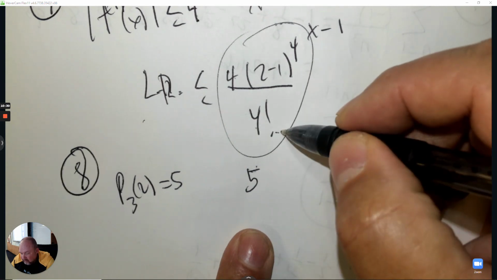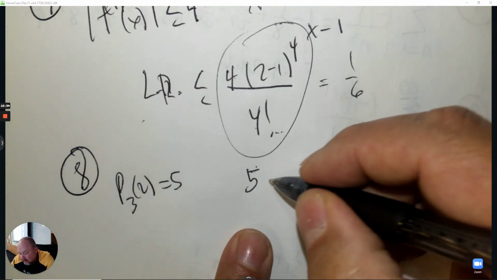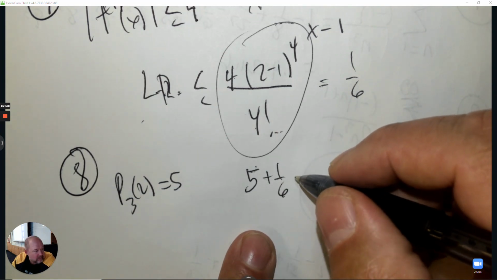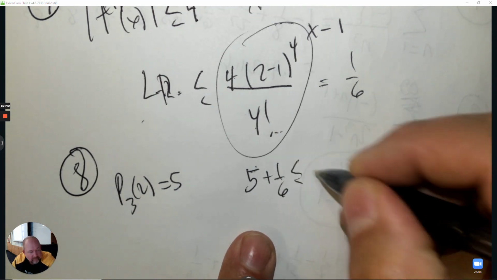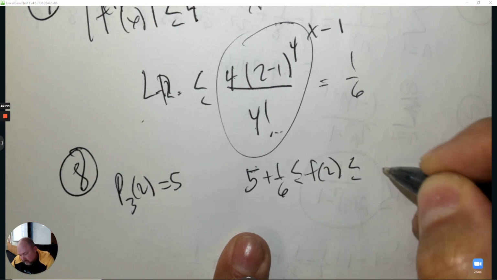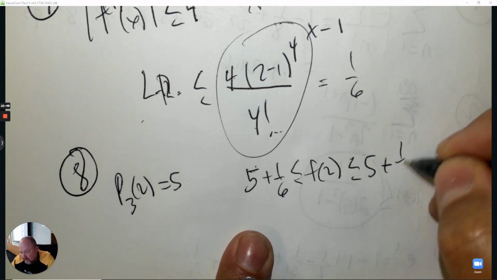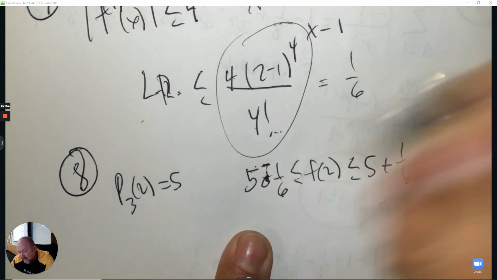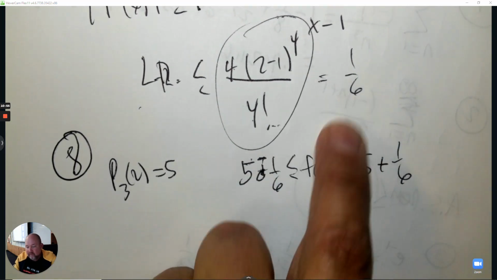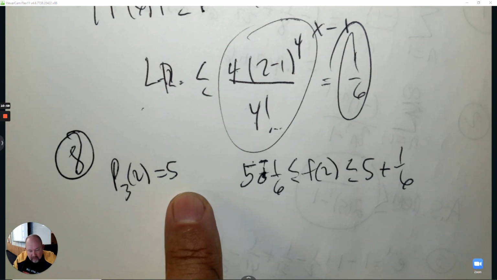That would just be 6, right? 2 times 3. So this is just 1/6 when you simplify it. So in other words, you would add 1/6 and you would subtract 1/6. Add on this side, obviously subtract on this side. So it's going to be bigger than this and smaller than this. This is that error approximation that you would use on both sides of 5. All right, number 9.